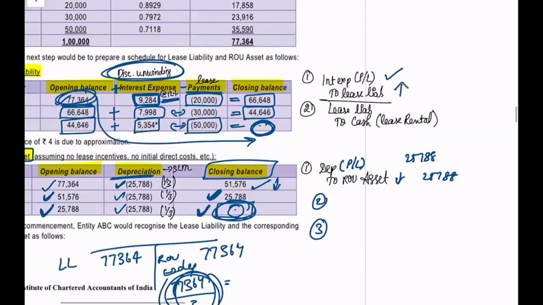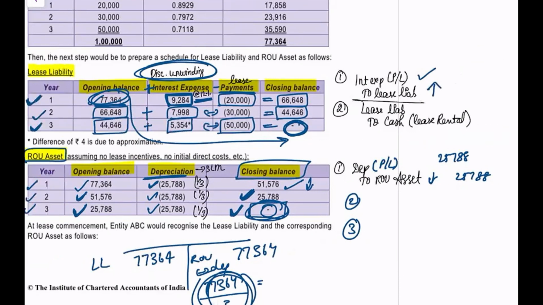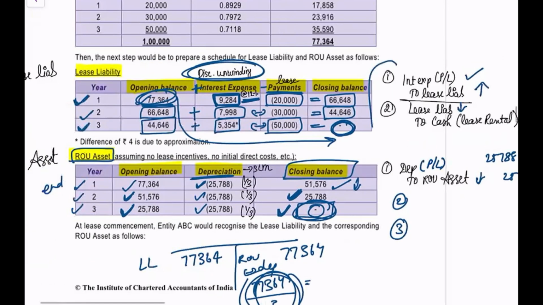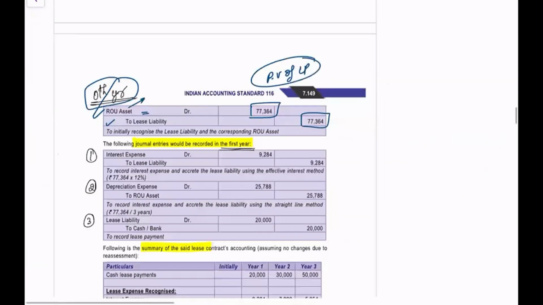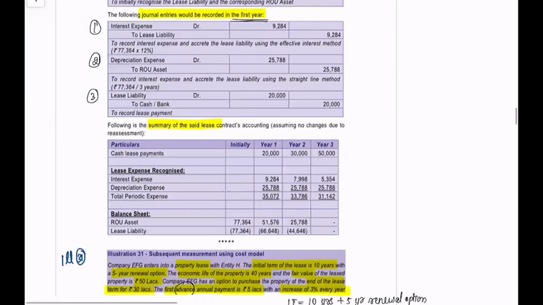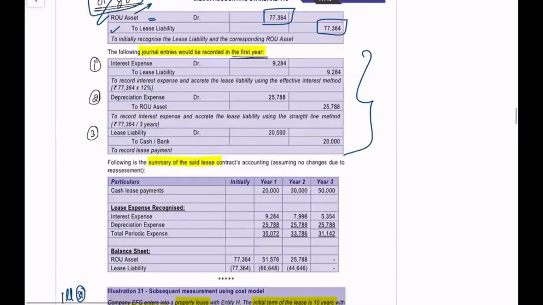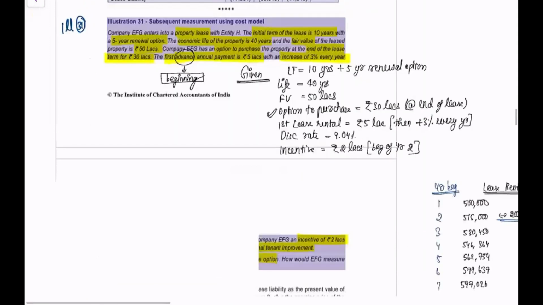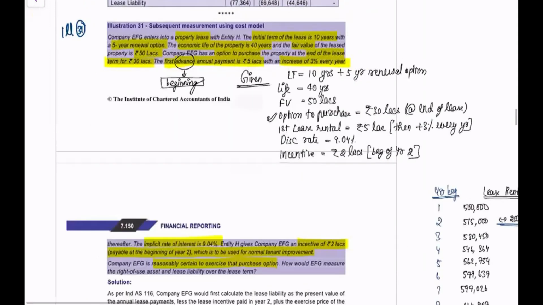Then if you make a payment, it is going to decrease. So lease liability account debit to cash or lease rental, whatever you have paid every year. So every year you have to pass all these 3 entries. So that is what they have passed here. For the first year, they have passed it, and for the rest of the years, they have just shown. This is the same thing you have to repeat every year. So I hope you understood illustration number 30 also.